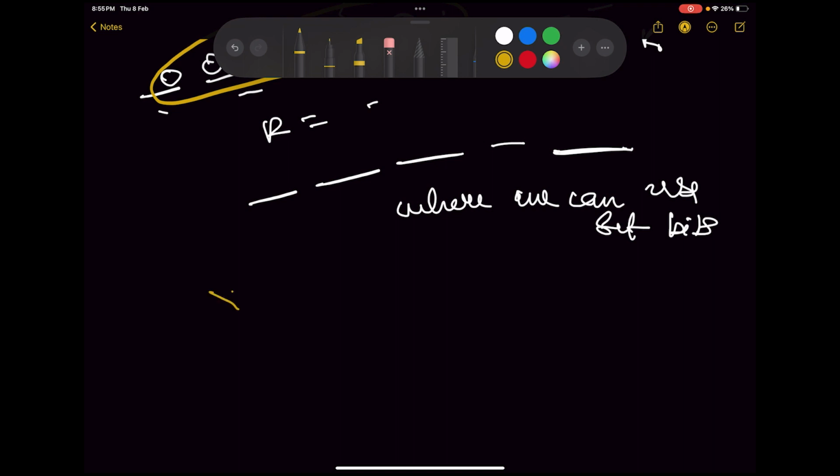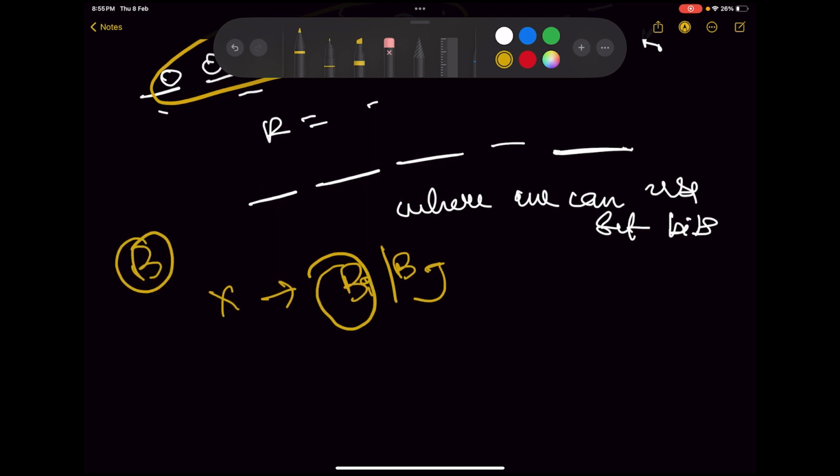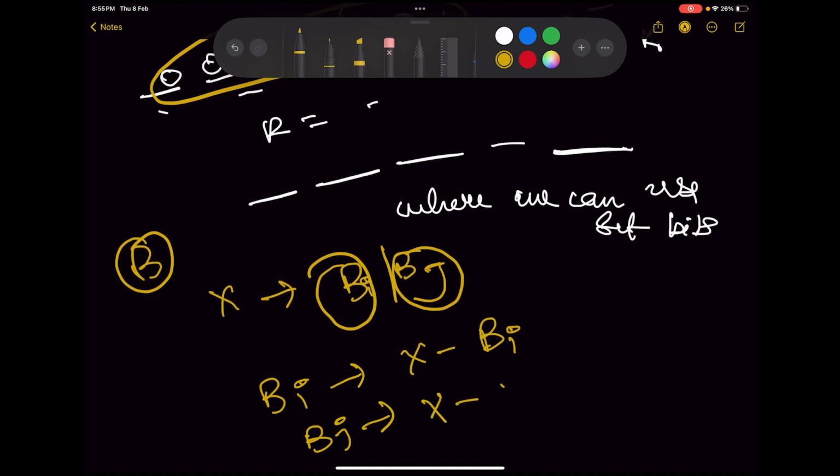In the question, we are always performing the OR of two elements of the array. Let's say the array is B, we are always performing the OR of two elements, and then bi we are replacing with x minus bi, and bj we are replacing with x minus bj.